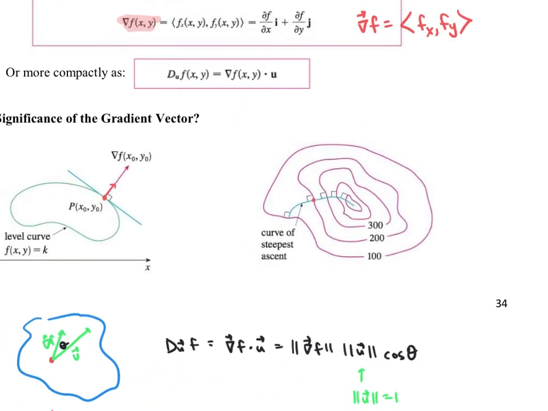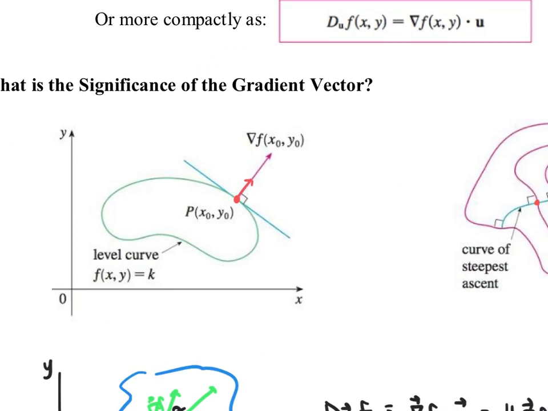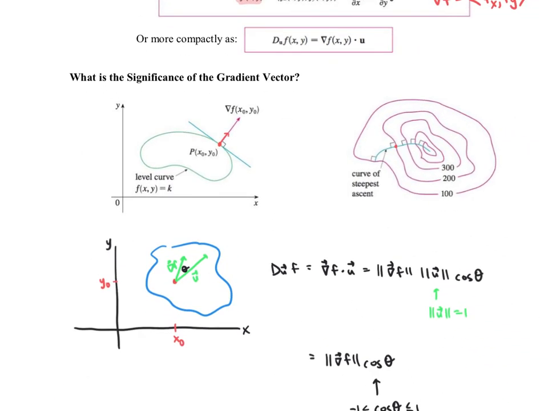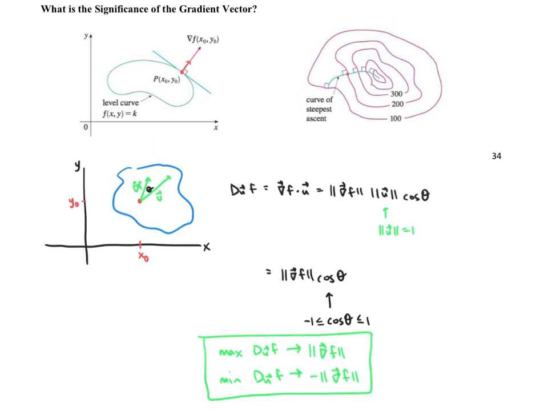So again, the idea here is that the gradient vector at any particular point on any particular level curve at that moment is going to be perpendicular to that level curve. And the reason for all of that is that the directional derivative's maximum is the magnitude of that gradient, and therefore the gradient is going to dictate the fastest rate of change, or the largest rate of change at that particular moment.